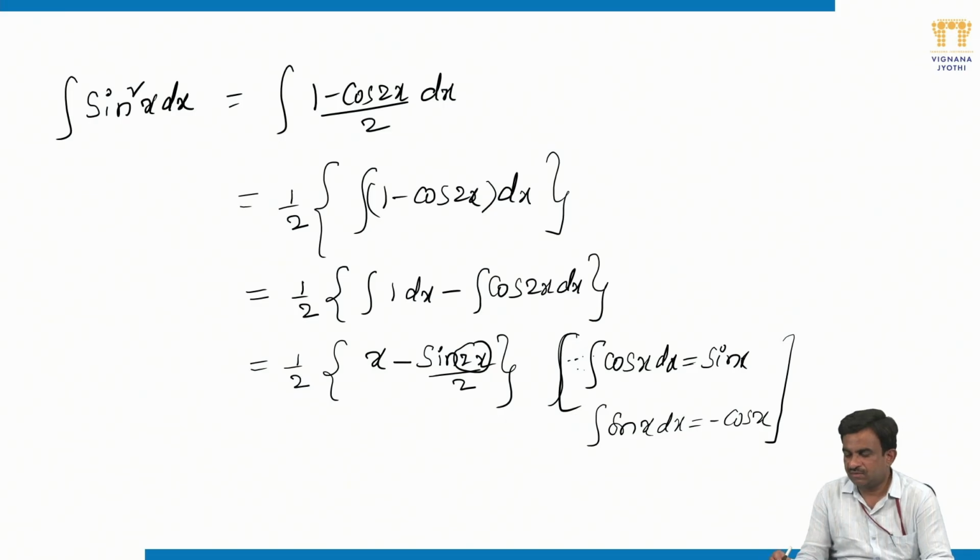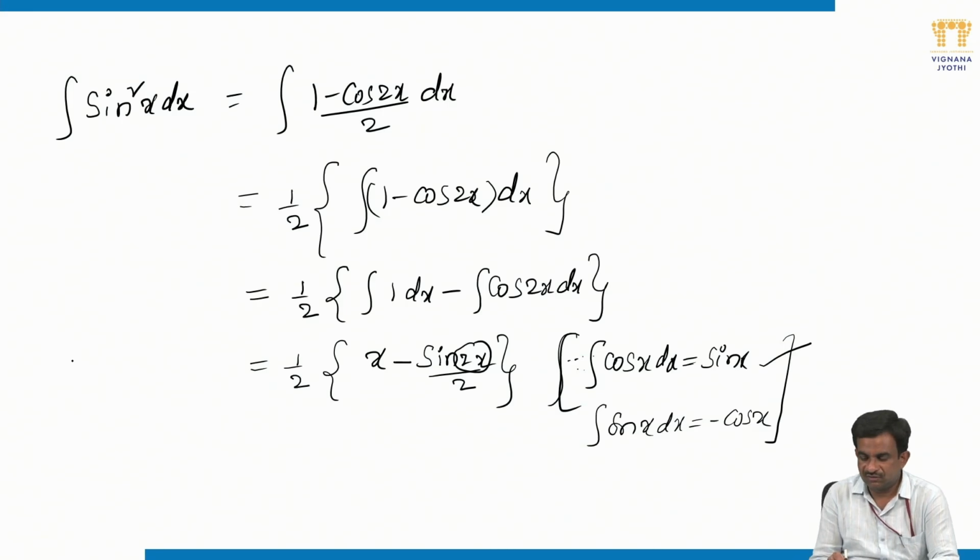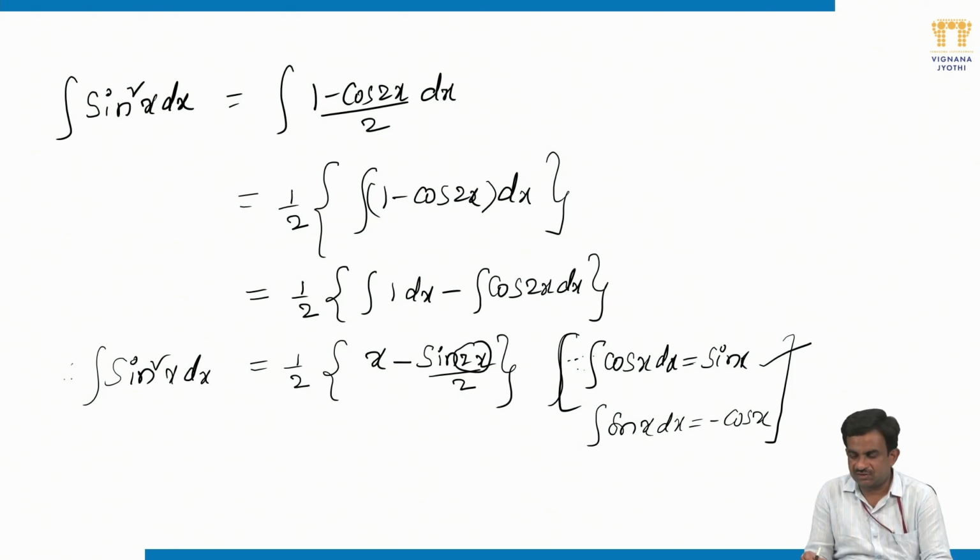Applying this formula, the integration of cos 2x dx is sin 2x, and as 2x has this extra constant, we again differentiate it and write it in the denominator. So finally, the integration of sin square x dx we got as 1 by 2 into x minus sin 2x by 2.